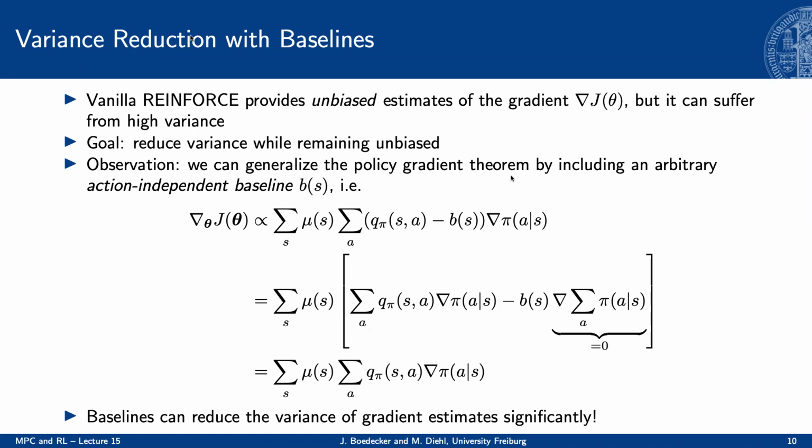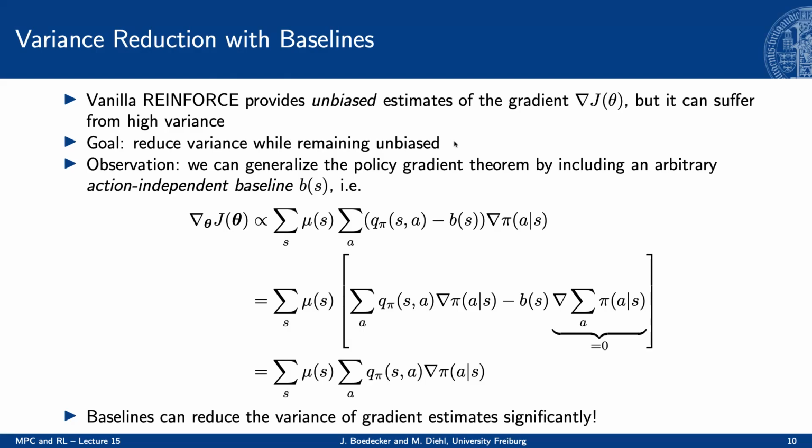One idea is to introduce so-called baselines that we can just subtract, and then bring down the overall variance. But the problem is we don't want to introduce a bias.